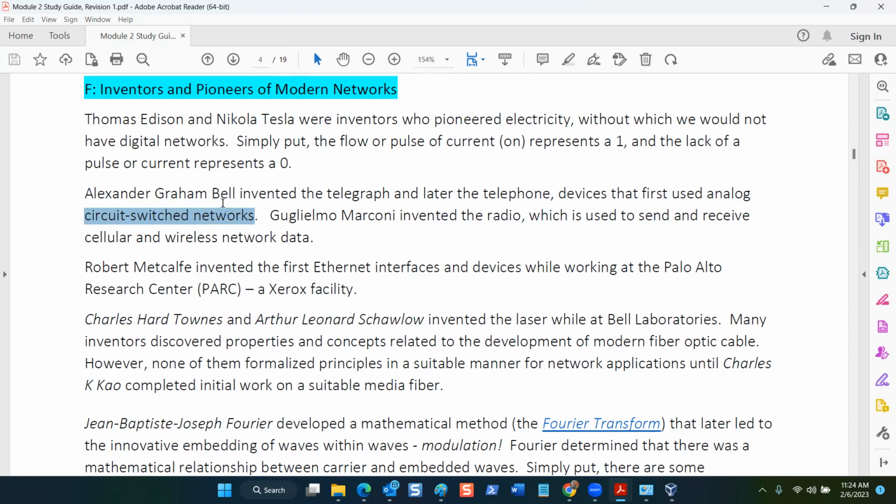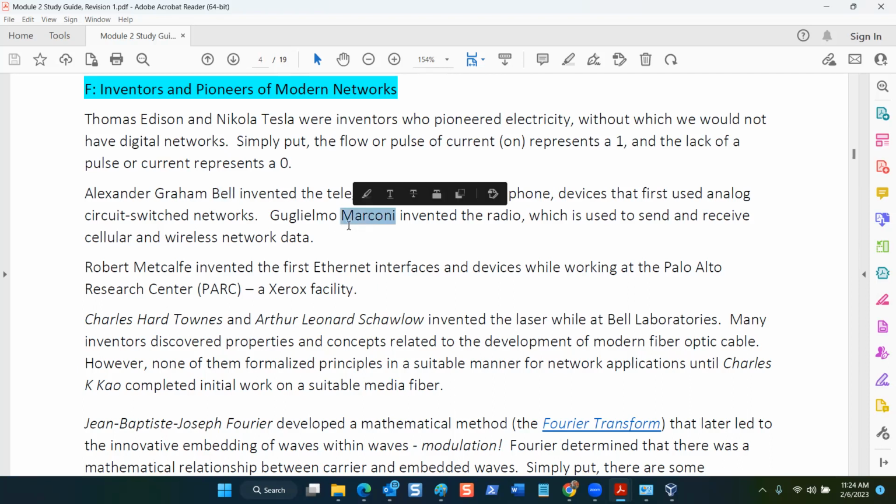So Alexander Graham Bell first invented the telegraph, but then turned it on its head sideways when he started working with audio. And if you've heard Ma Bell or the Bell Telephone Company, that's part of its origins there.